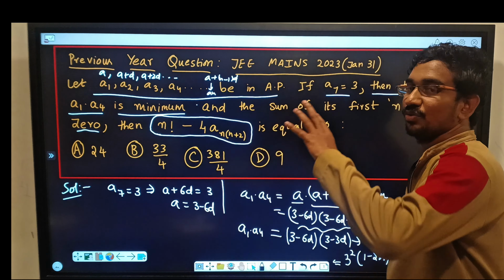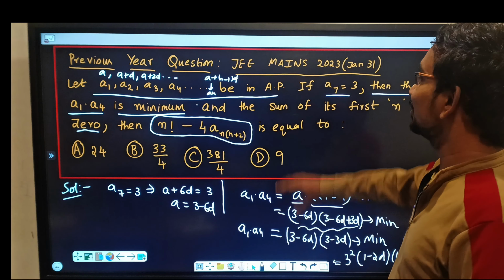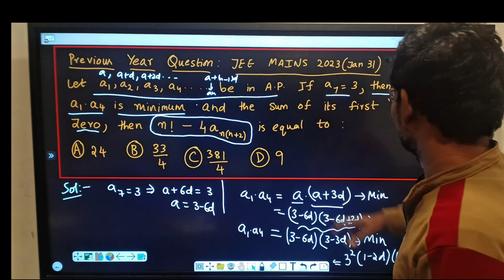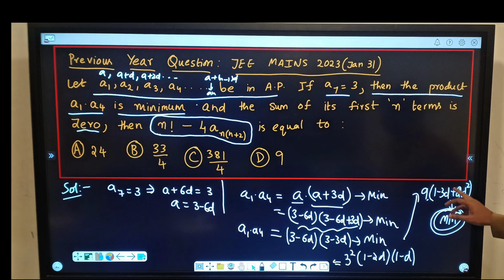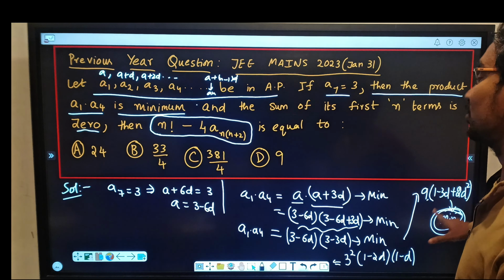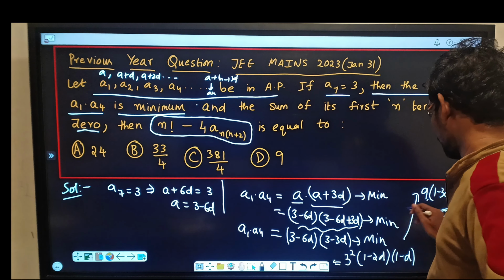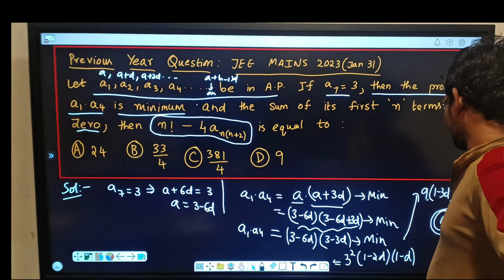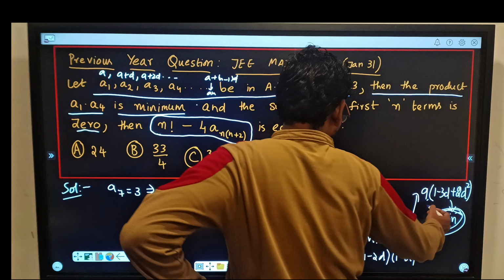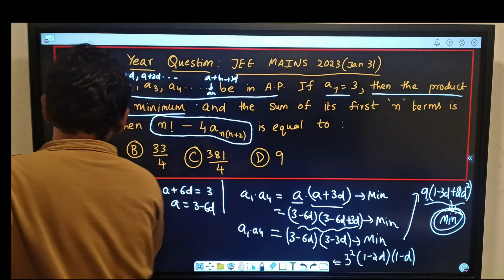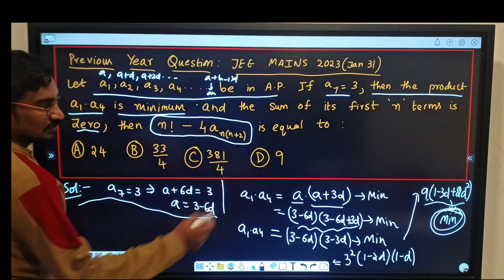In this question, one interesting part: sequence and series questions can be mixed with calculus, correct? That is also important. This is a mixed concept of calculus. So let's solve. Suppose this minimum function is f of d.